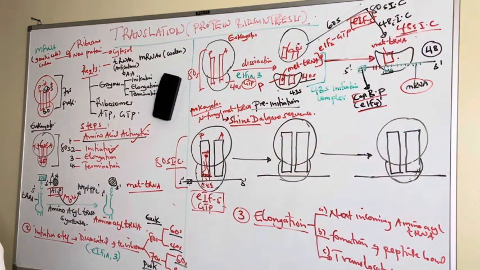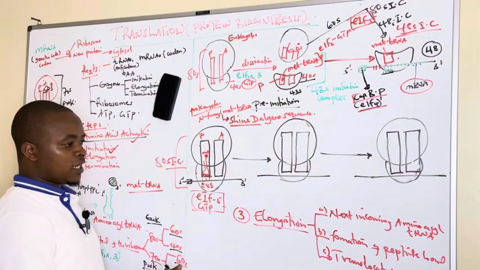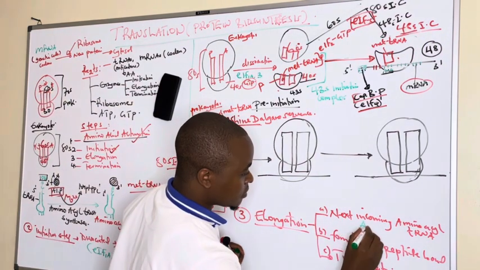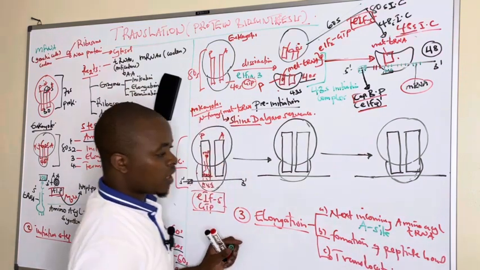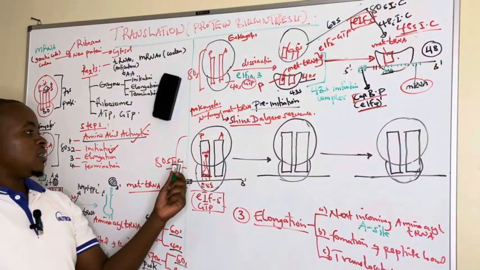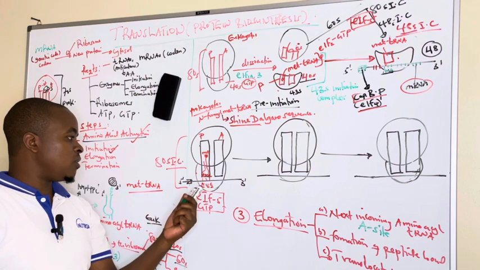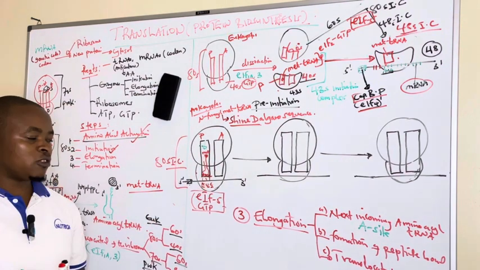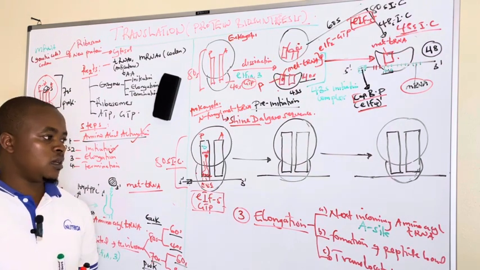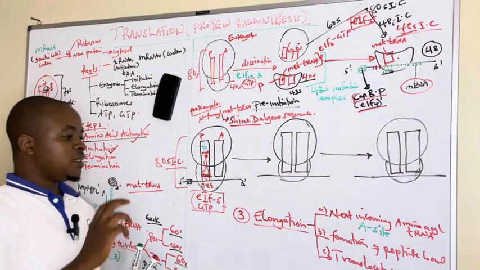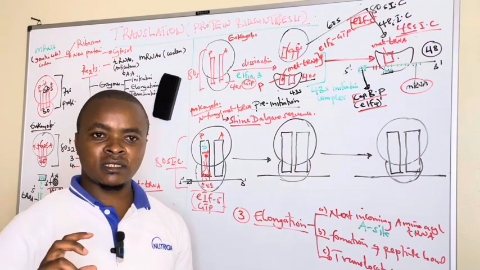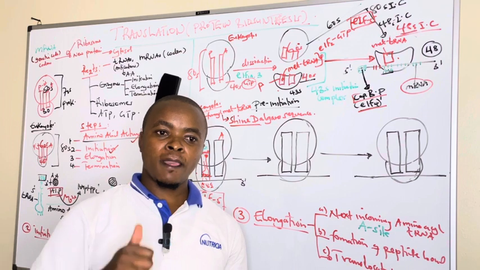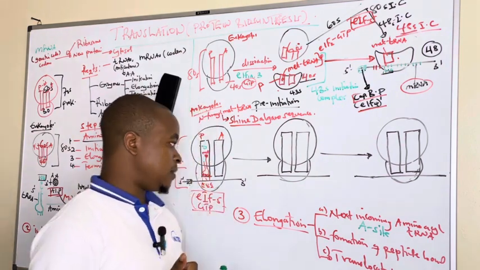And the first one is the next incoming aminoacyl transfer RNA binding to the A site. We have seen during initiation, the first amino acid, which is methionine, is added into the P site. It is in the P site, what we call the peptidyl site. But during elongation, the second incoming amino acid specified by the codon on the messenger RNA binds to the A site.